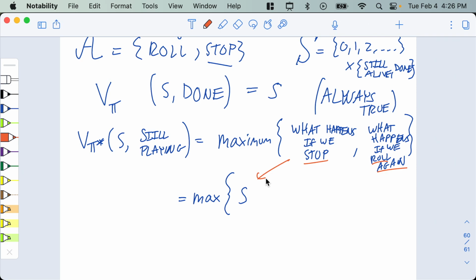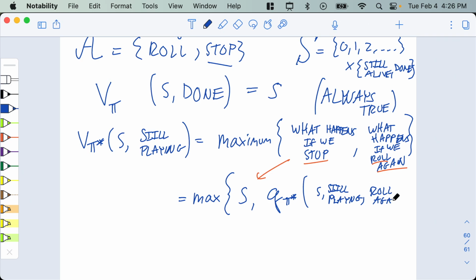The more interesting thing is what happens if we roll again. Okay? And the problem is, again, this depends on the value function pi star. So this is technically q pi star of the state (s, still playing), when you choose to roll again.